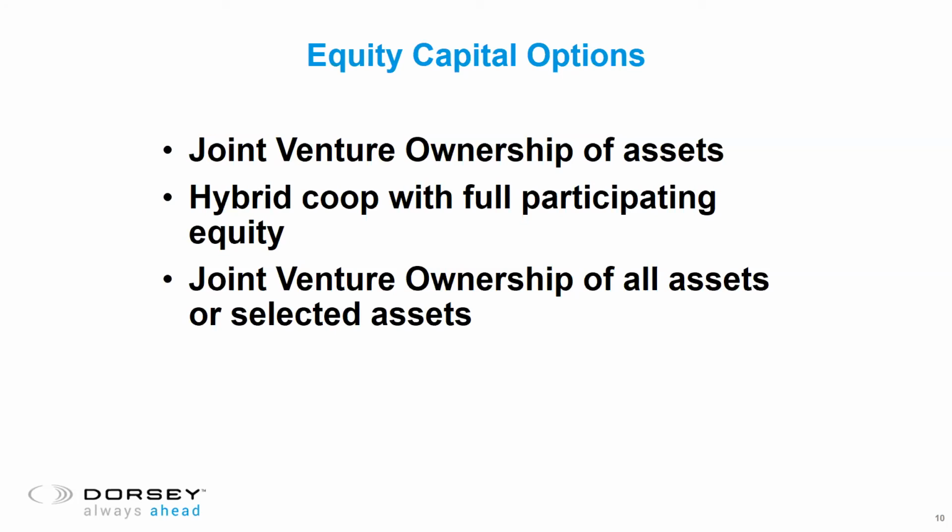And so on that co-op model, there's probably about 12 to 14 states that have adopted a uniform co-op law that allows the co-op to allocate or distribute some of its earnings to pure investors and some of its earnings to members based on the traditional co-op patronage system.